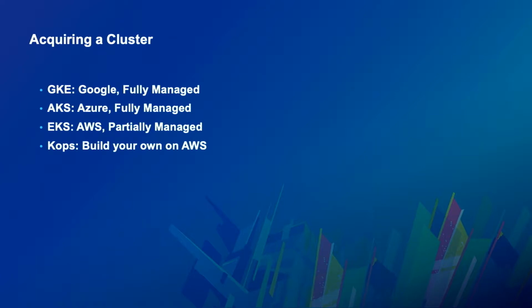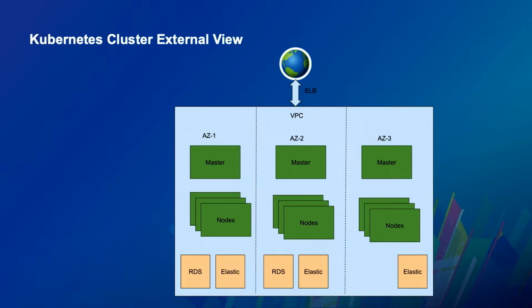There are many other ones out there, but I think those are the top ones that you should know about if you're running in a cloud. You can also run Kubernetes on premise, but I personally don't have a lot of experience with that.